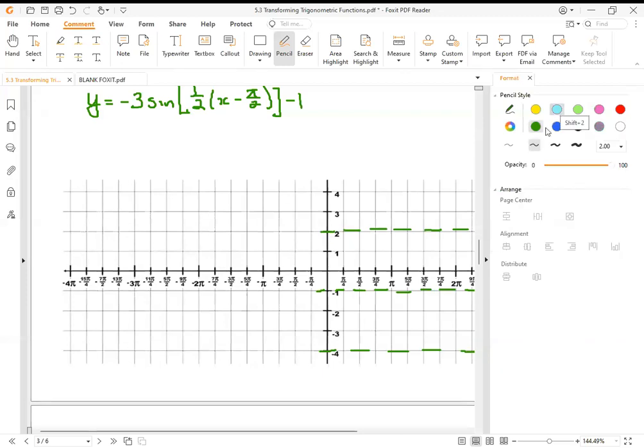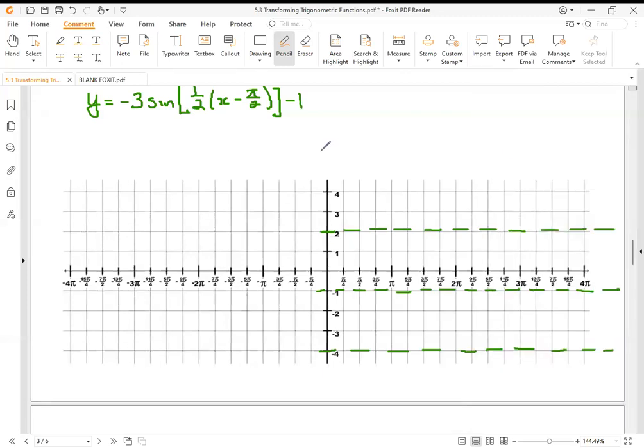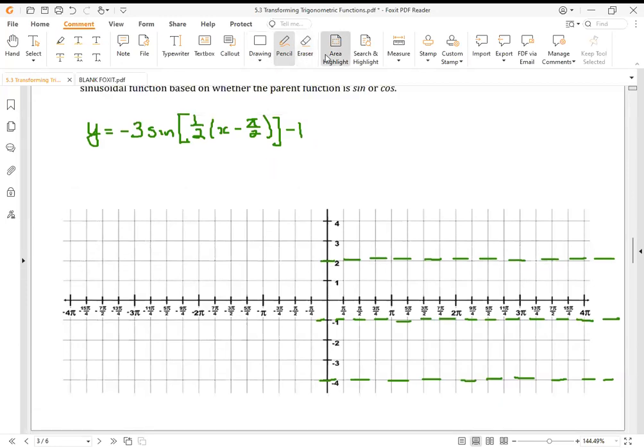Now let me use a different color. Where am I starting? Where am I starting? So I've done this. This is in green. These two are in green. It's done.